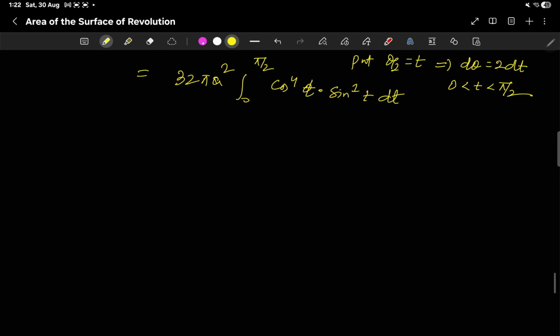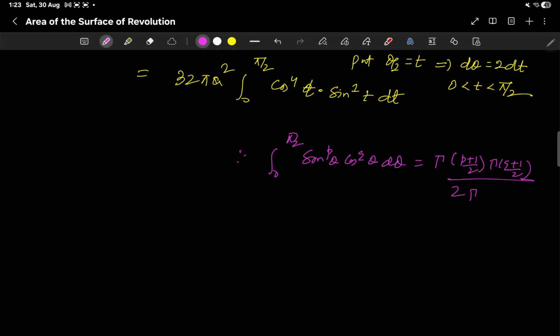At this stage you can apply the formula: the integral from 0 to pi by 2 of sin to the power p theta cos to the power q theta d theta is equal to gamma of (p plus 1) by 2 times gamma of (q plus 1) by 2, divided by 2 gamma of (p plus q plus 2) by 2, as we did in the previous case.